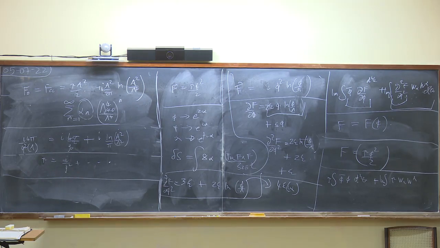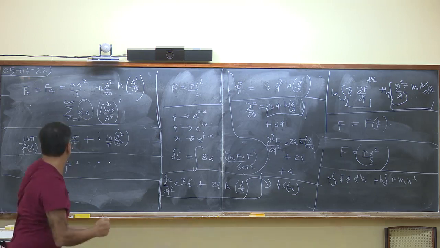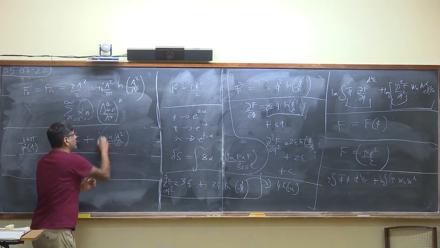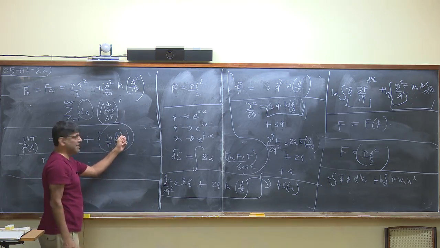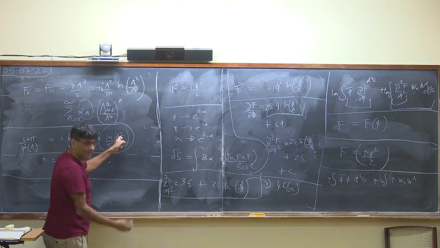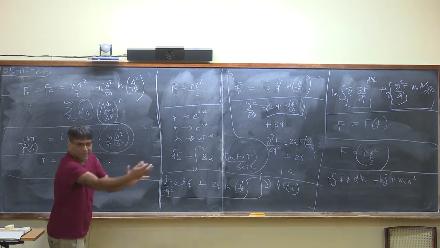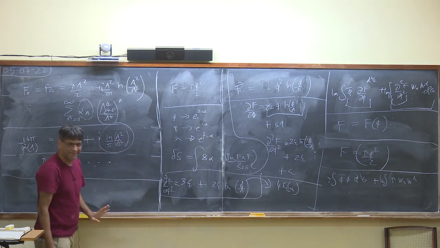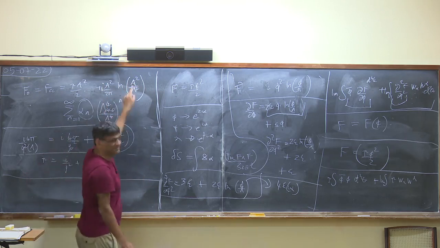The only term you can write down for the potential that violates it in a way that saturates the anomaly with the f wedge f of the u1 that is in front of us is whatever this is.